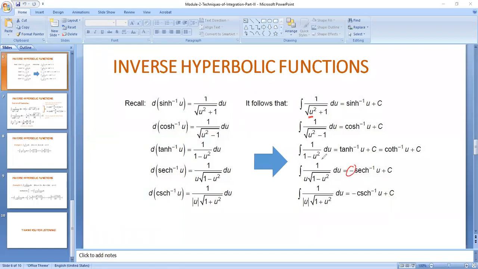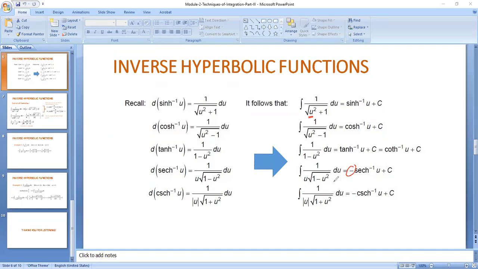Instead of 1 minus u squared here in inverse hyperbolic secant, in inverse trigonometric function it should be u squared minus 1. So similar in some way, we only interchange the terms, or there's a change in the sign.